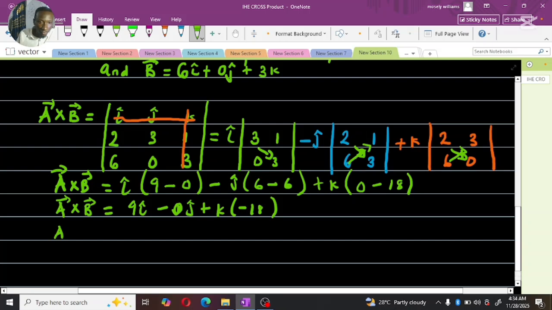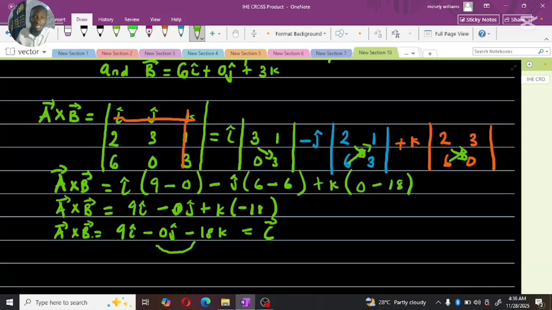And here we have our A cross B to be equal to 9I minus 0J minus 18K. It's as simple as that. So this here is giving us another vector, which we can call vector C, right? So which means that this vector C here is perpendicular to what? Vector A and vector B. It's as simple as that.